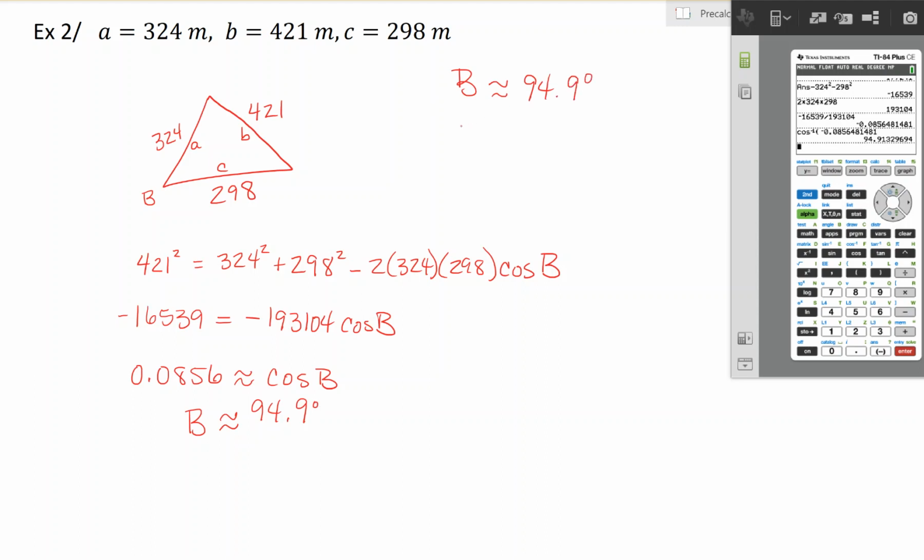Okay, so B is about 94.9 degrees. I still need to get big A and big C. You can fall back onto the law of sines if you like. Let's do the sine of A over 324 is equal to the sine of 94.9 degrees over 421.